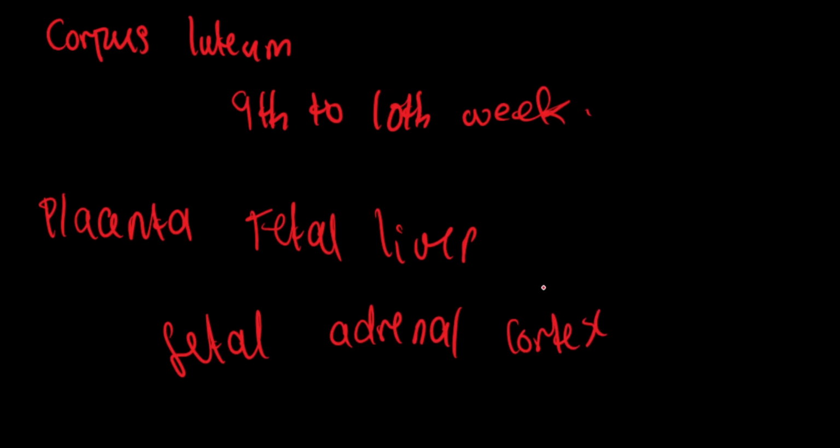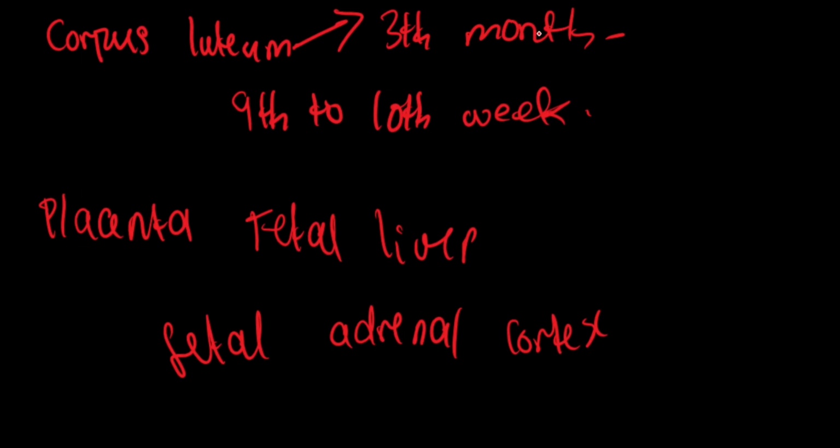These are the structures that take over progesterone production in order to sustain the endometrial lining. However, the corpus luteum still remains, but it's rather inactive. It remains up until about the third month of pregnancy, and then it degenerates into the corpus albicans.